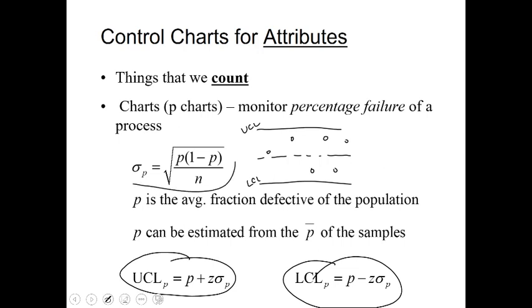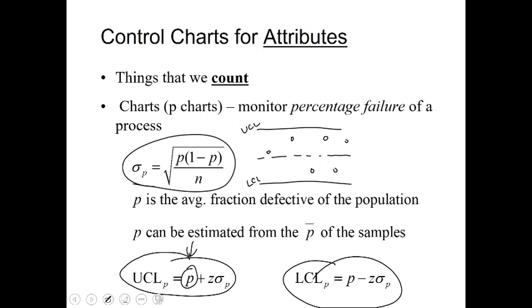Now, what's very different in the P chart is that when we're calculating our upper and lower control limit down here, P is our percent that fail normally in our process.